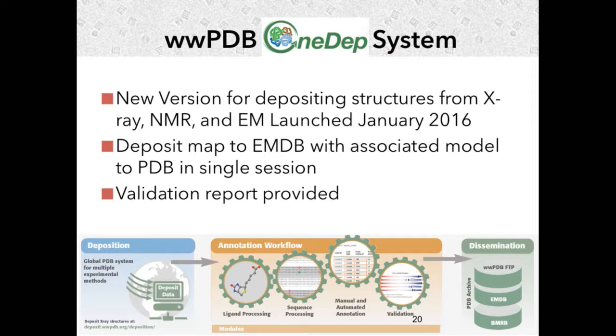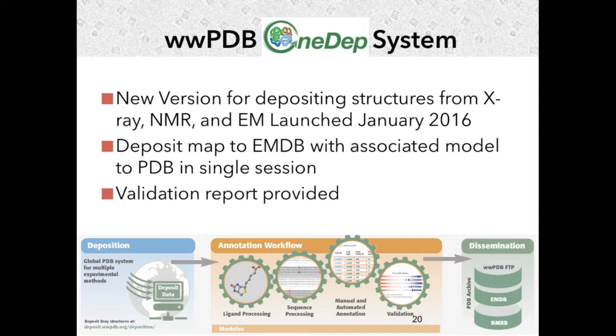This OneDep system also collects structures from X-ray and NMR, as well as EM. So you can choose to deposit a map, or a model, or a map and a model. And a validation report is provided. At this point, as I will show you, the validation report for EM is kind of simple.